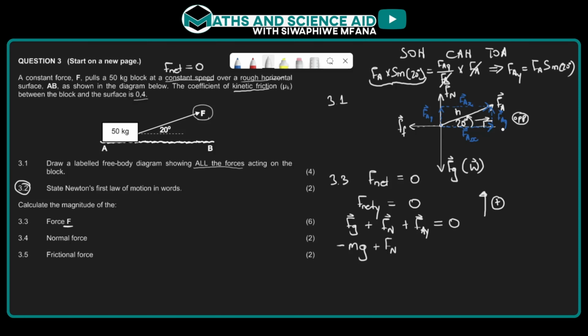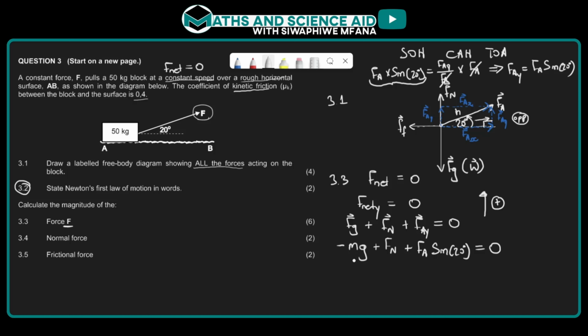And we also need to recognize that Fa is upwards. So its direction is upwards. So it will be positive. And then we can just write it as Fa sine of 20 degrees equal to 0. Okay. And now we know the mass, and we also know the gravitational acceleration.